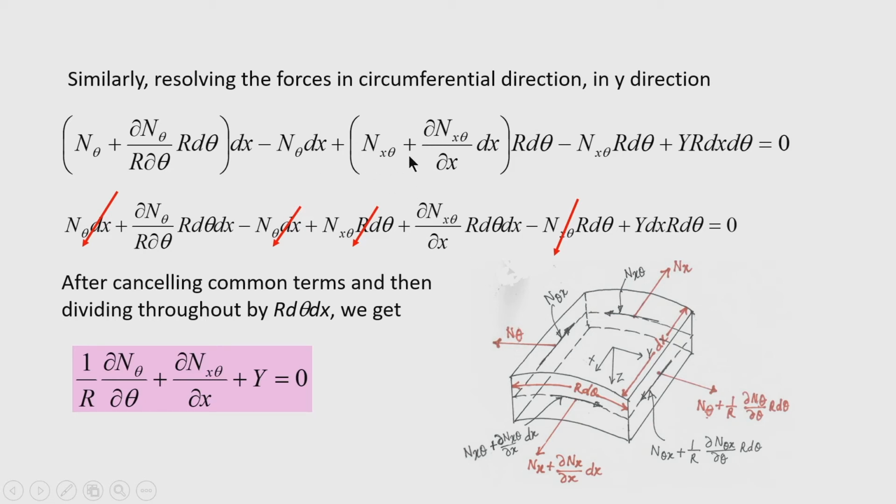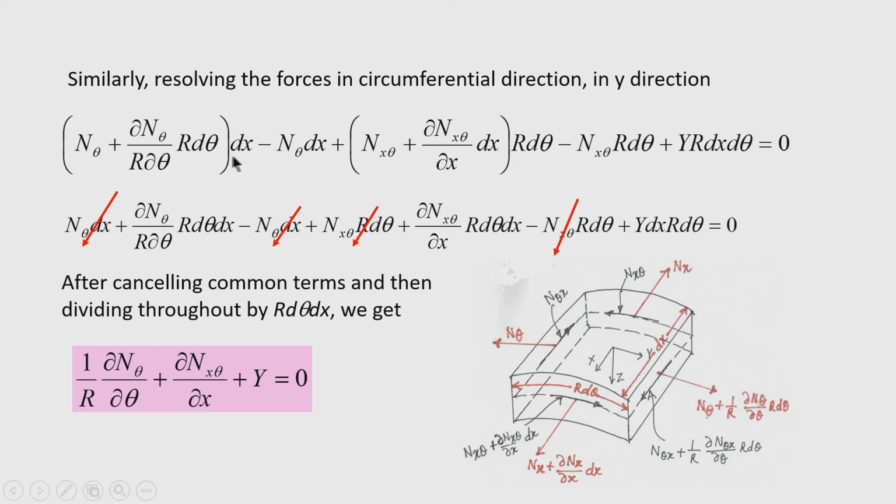Similarly, n x theta plus del n x theta by del x into dx r d theta is the force in the circumferential direction, and on the opposite edges you will get n x theta r d theta, and the total load in the circumferential direction, because y is the component per unit area. So, when we multiply by the area of the element, it will be y into r dx d theta. So, we will get this equation.